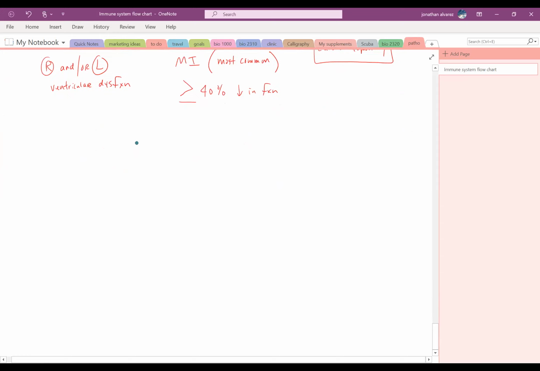Okay, so if the heart has decreased cardiac output, okay, that means the pump, so your heart is a pump, right? So the pump is not pumping correctly.